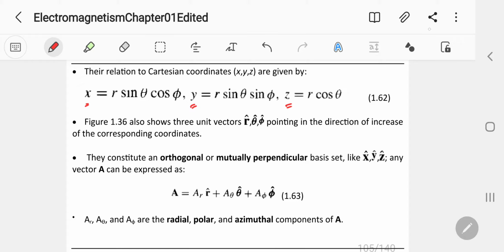And the vector A, instead of writing it with the rectangular coordinate system, with x hat, y hat, and z hat, you can express it in the form of r hat, theta hat, and phi hat. So you have the radial, polar, and azimuthal components of A.